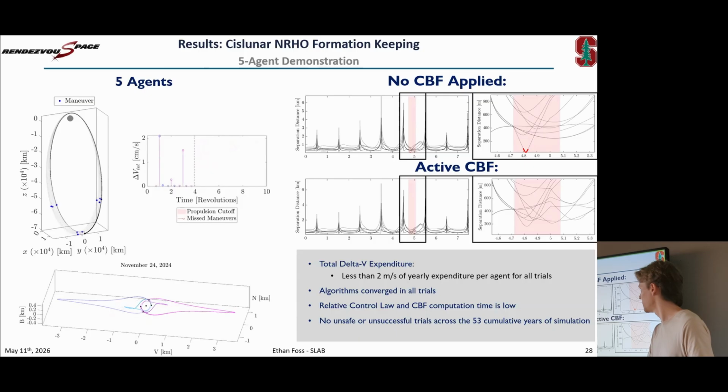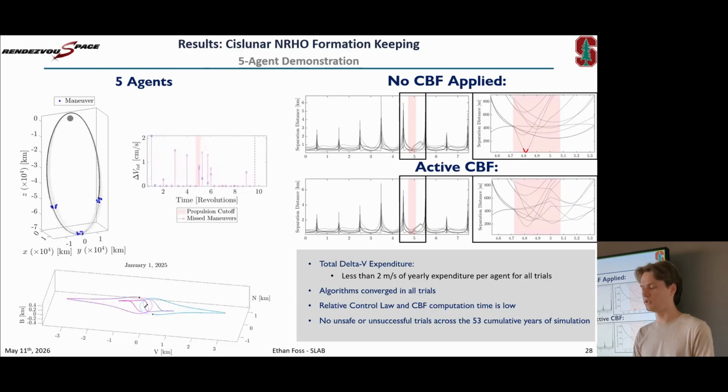On the top figure, under the same simulation framework, without the control barrier function, we have an instance where following a mismaneuver event, two spacecraft come to within 30 meters of each other, which is obviously not ideal. However, if we activate our control barrier function, it cleans up these unsafe events. With the addition, the spacecraft maintain a safe separation for the full duration of time.